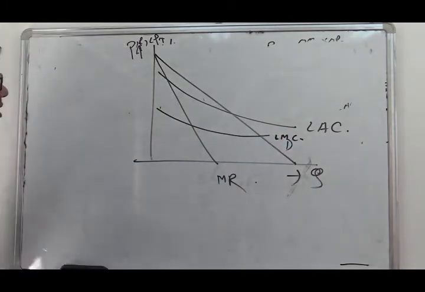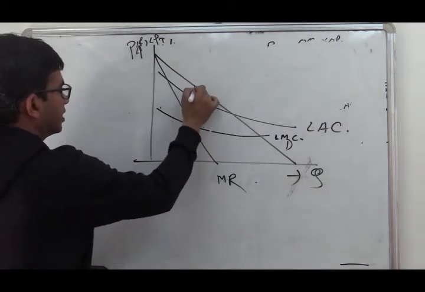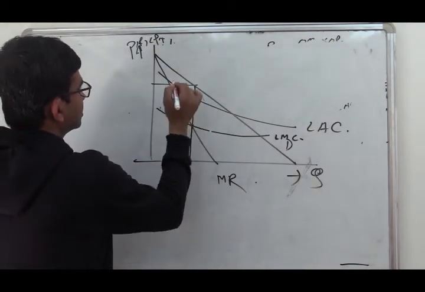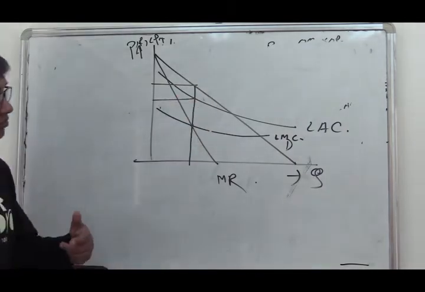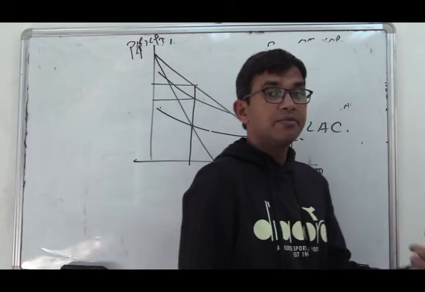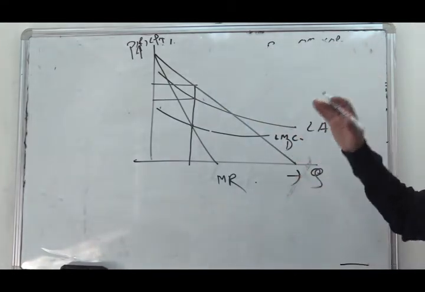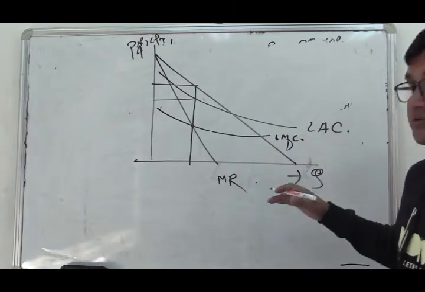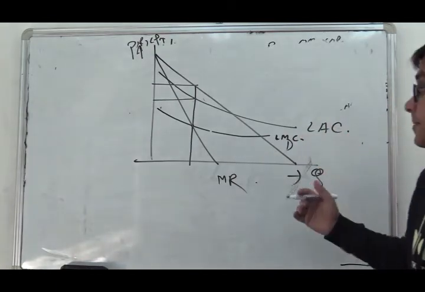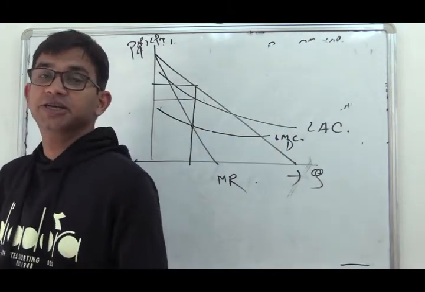So what will be the equilibrium point? This will be the equilibrium point, and here the firm will sell the output. In this case we see that the market demand for such commodities is not sufficient for the firm to reach the minimum efficient scale.